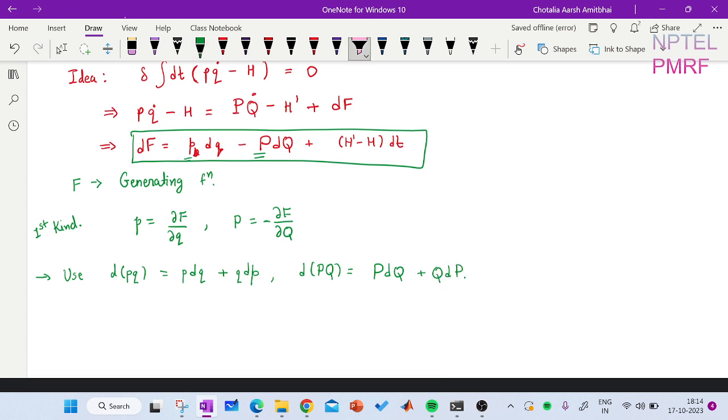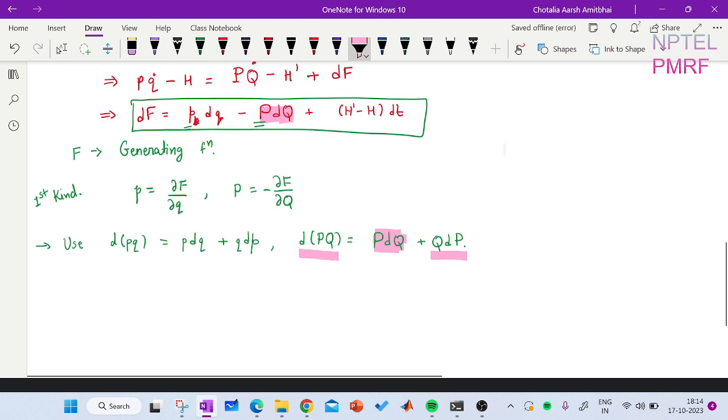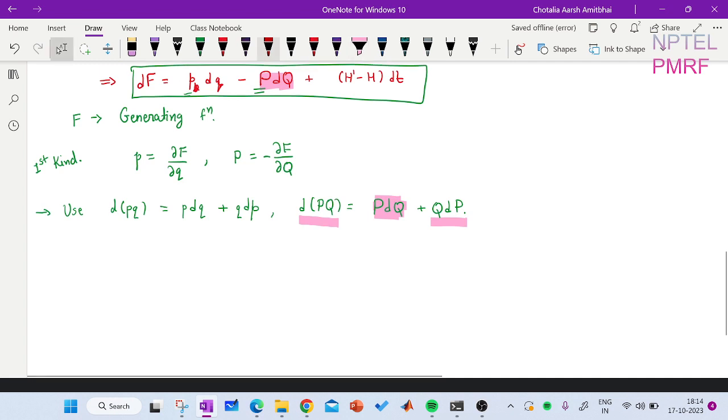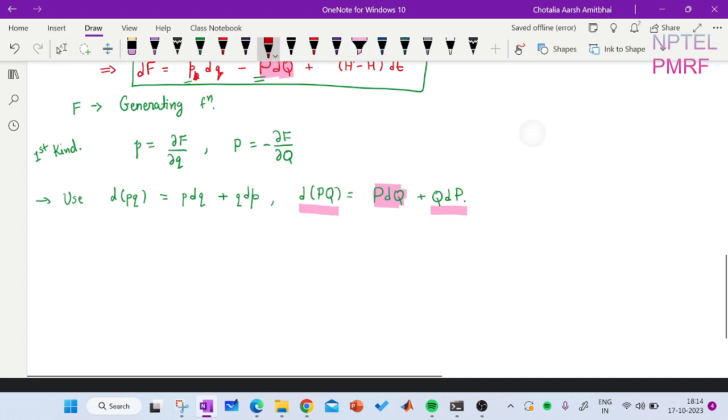So if you realize, we have this kind of p dq term here, so we can replace this term by adding this total derivative minus this thing, etc. So when you do that, you can have three other kinds of generating function.